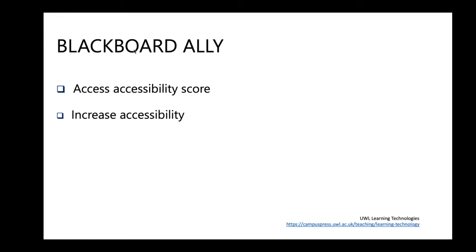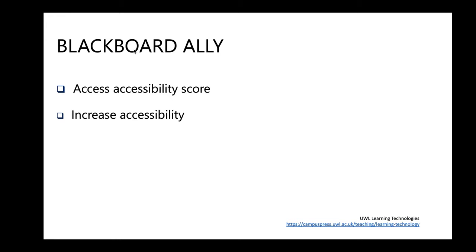So with Blackboard Ally, we'll first see how you can access an accessibility score within the module. This is basically one that would show you, in a holistic view, how accessible the content that you have uploaded in Blackboard is. It will also show you individual percentage scores for each content, and you are able to make necessary changes to make that content fully accessible.